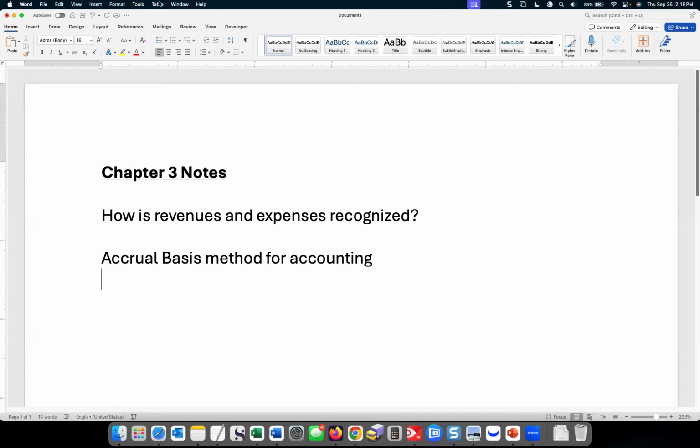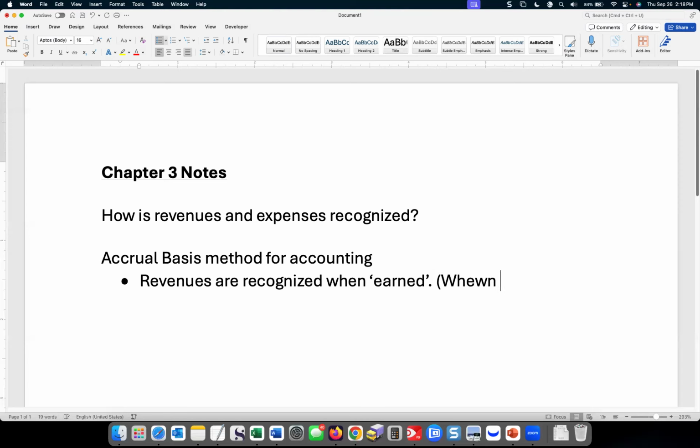So first thing I would say with accrual basis is revenues are recognized when earned. What I mean by that is when the job is performed, when the service is provided, that's when we book the revenue.